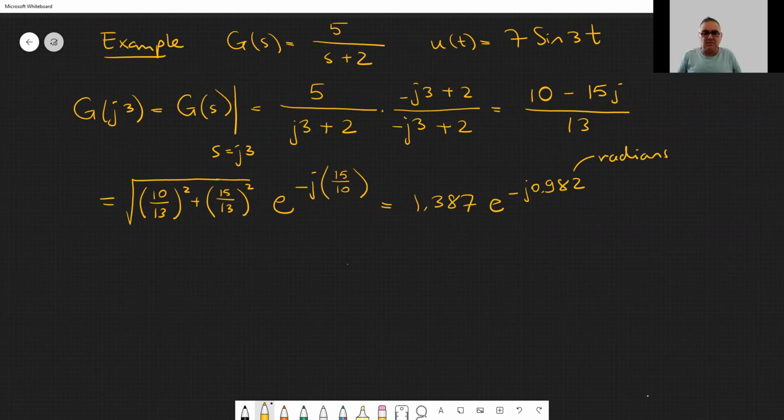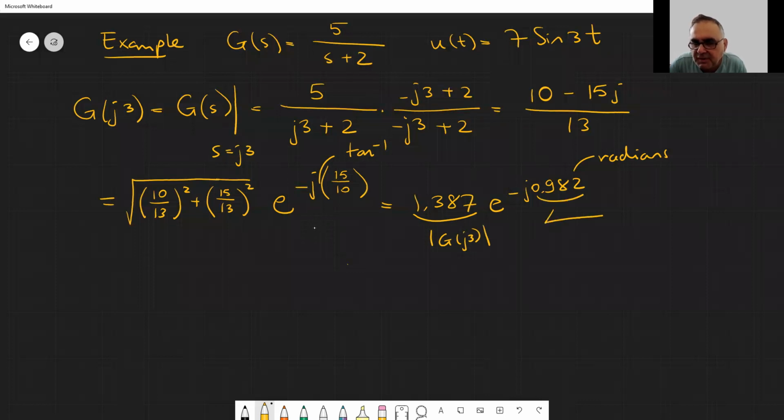That's right. That's why there is a tangent inverse here. Okay. As you can see, this is the magnitude, the G of j3 magnitude, and this is the phase angle, the phase of G of j3.